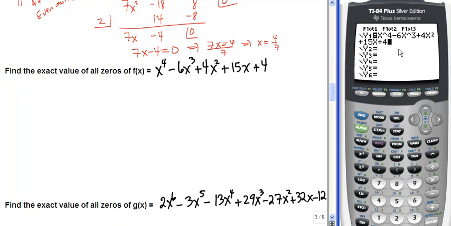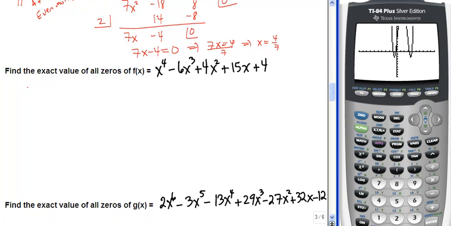Make sure I typed it in right. Hit graph, and we're looking for zeros that hit right on those tick marks. So again, I'm going to kind of copy my graph over here for a reference, and it looks like it's doing something like this, sort of a W shape.